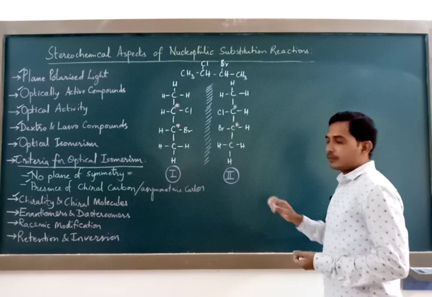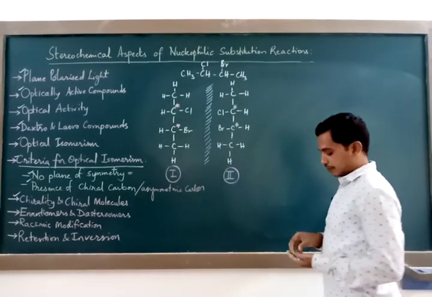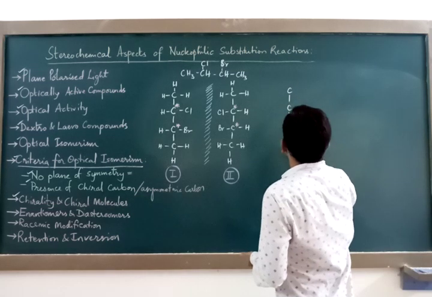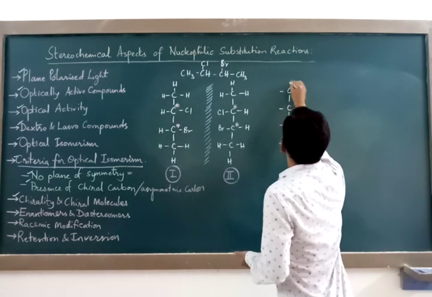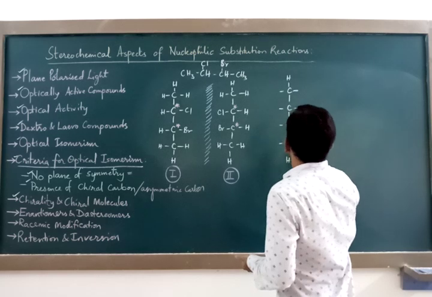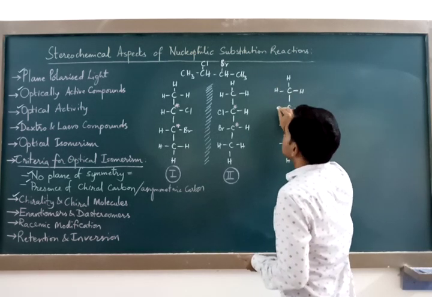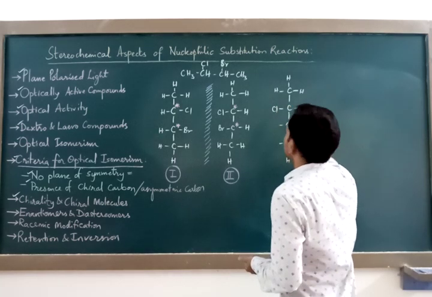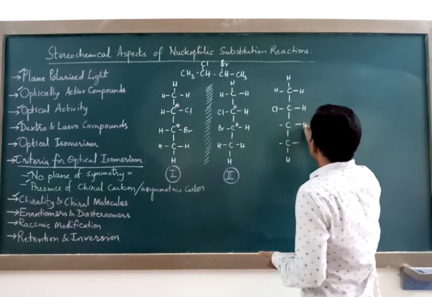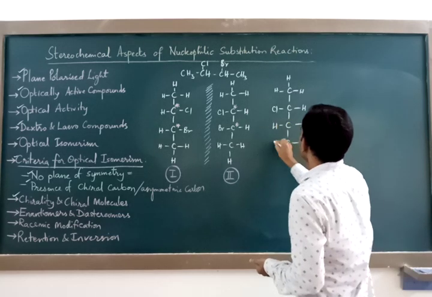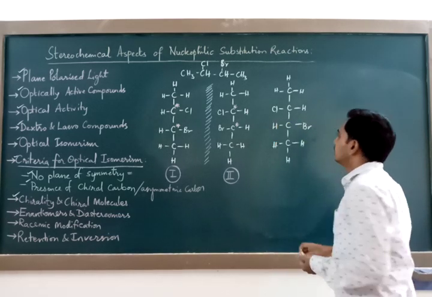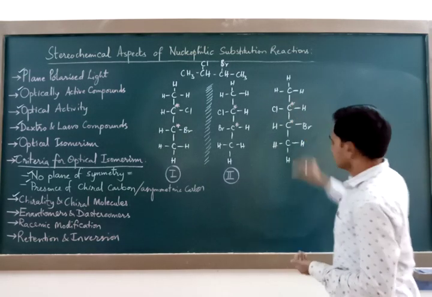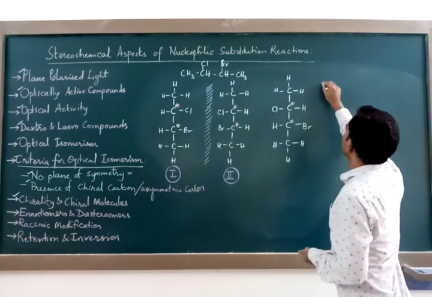Is there any other possibility of writing the skeletal arrangement of the compound? Yes, we shall see the next one. Again 4 carbons as it is. This time I will write Cl here, H here, and Br as it is in its place. Its mirror image will look like, how will its mirror image look?